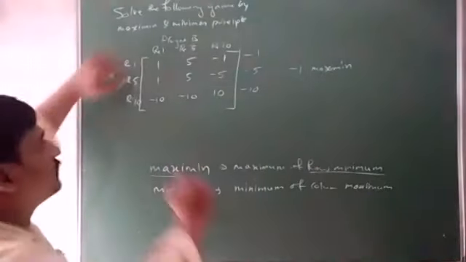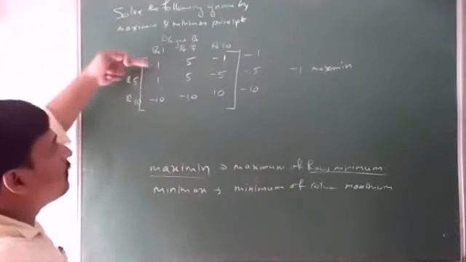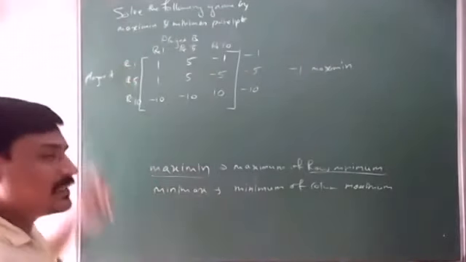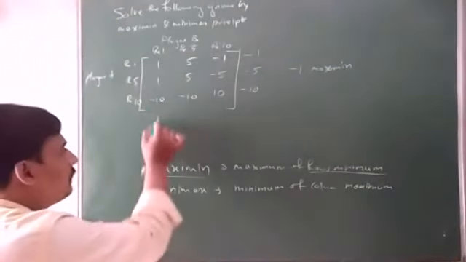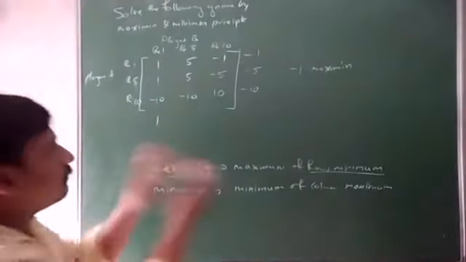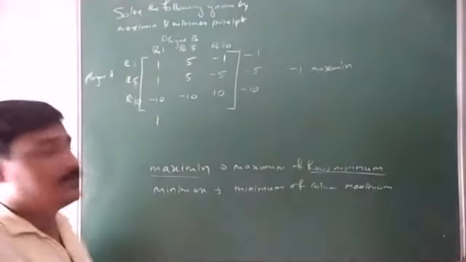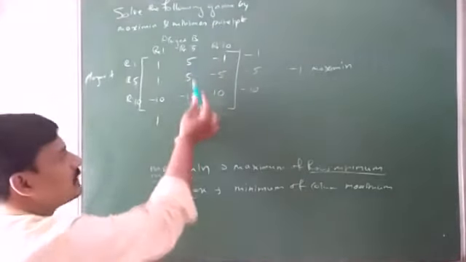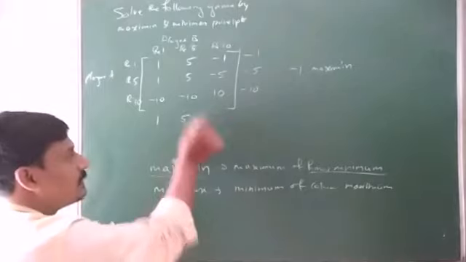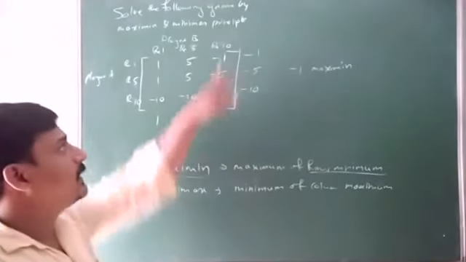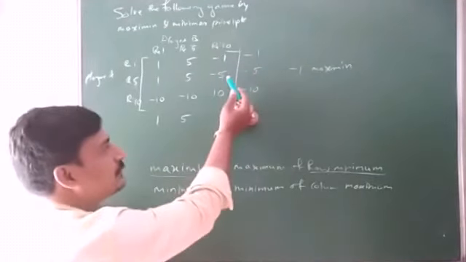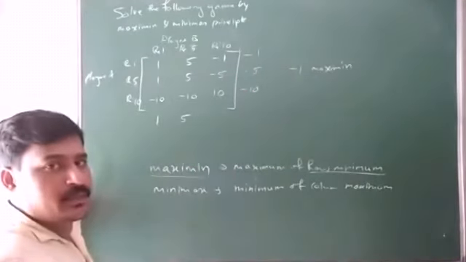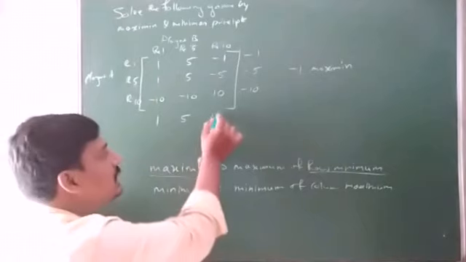So first column, +1, +1, -10. Among these, maximum value is +1. Second column, +5, +5, -10. So 5 is the maximum value. And here, -1, -5, +10. So maximum value is +10.